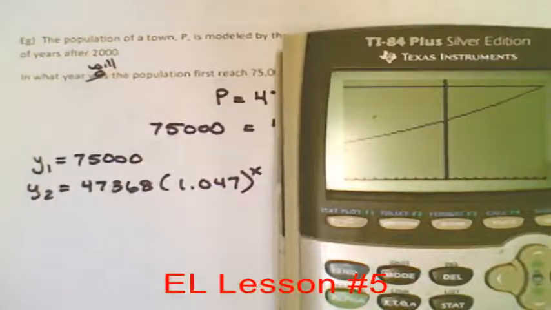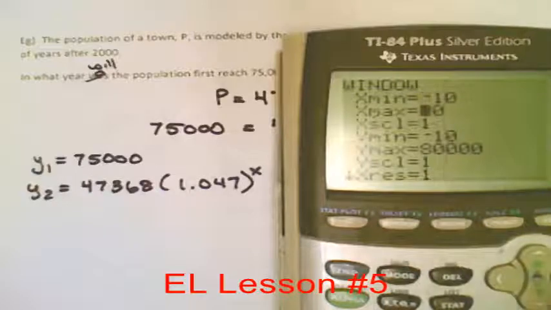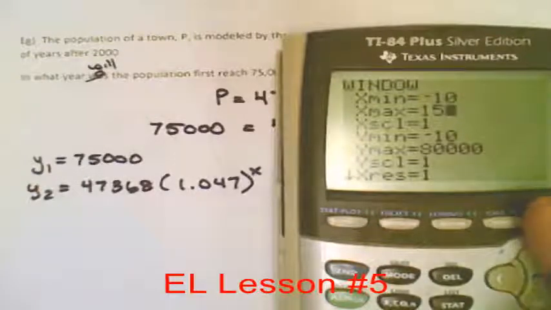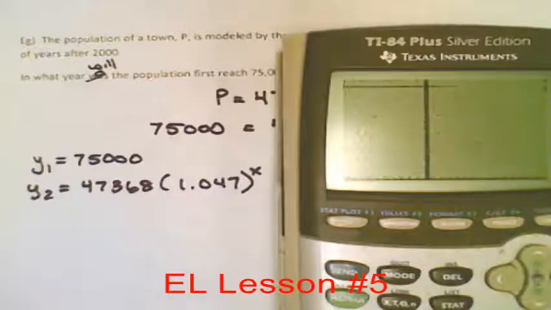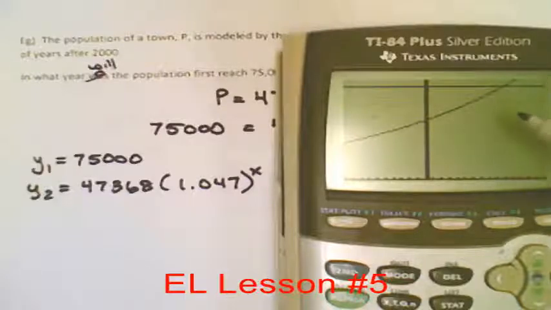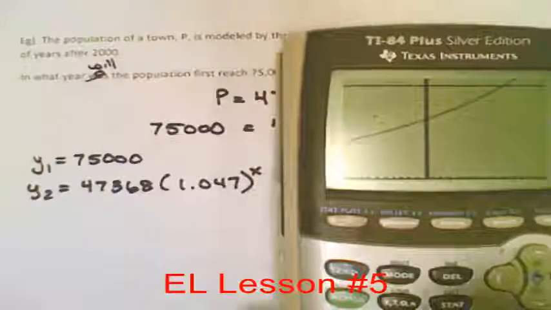Now if I graph this again, there's the 75,000 line. Here comes this exponential. This is the population of the town. Can I see them cross? Kind of, just barely. I'm going to move it just a little bit further over. My x max is this line.